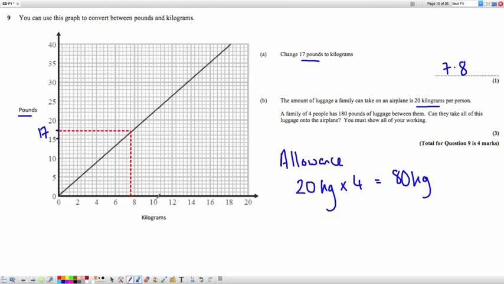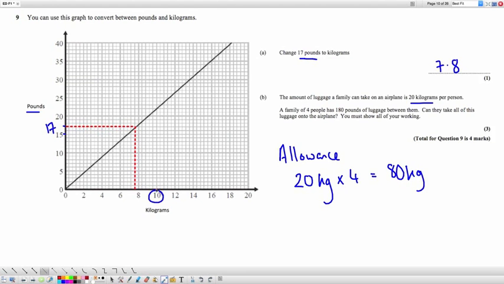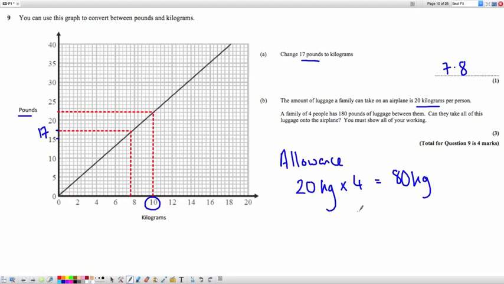So if we look here at 10 kilograms, we can draw a line up and across. And we see that 10 kilograms is equal to halfway there, 22 pounds.